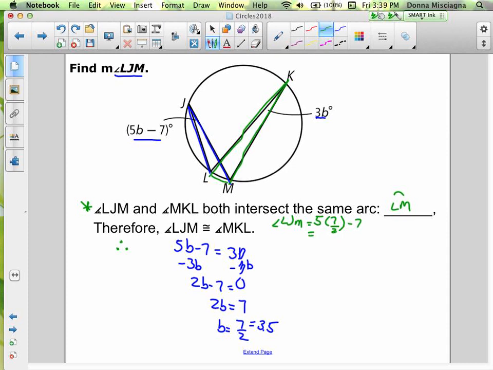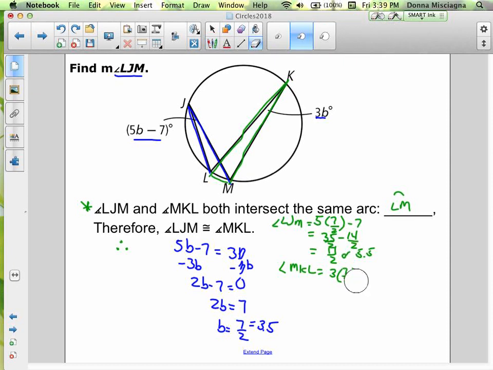So not exactly a friendly number, but 35 halves minus 7, which is 14 halves. So that's going to be 11 halves, or 5.5. I still think working with fractions will be a little bit easier. And then angle MKL is 3 times 7 halves.